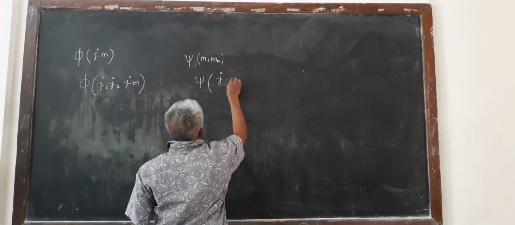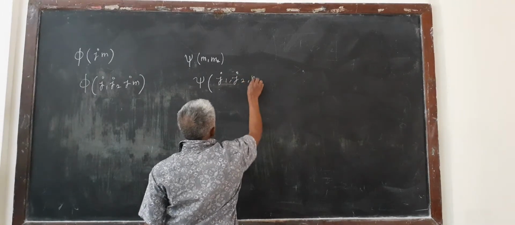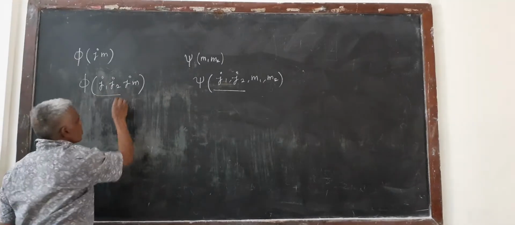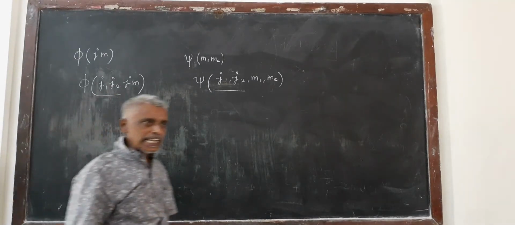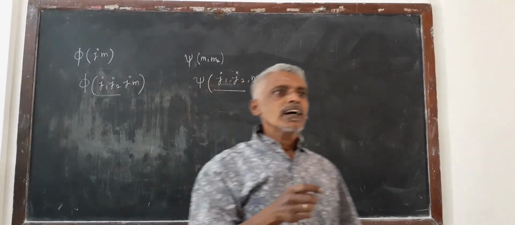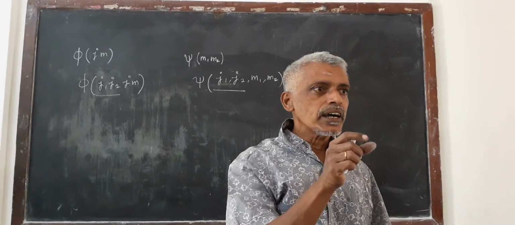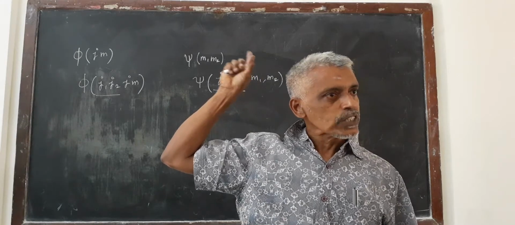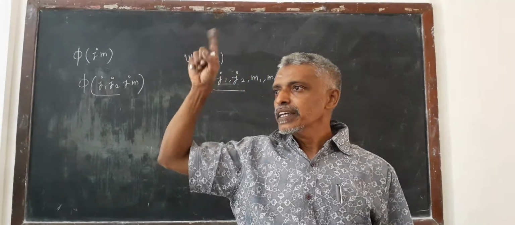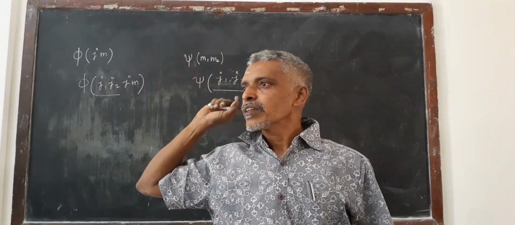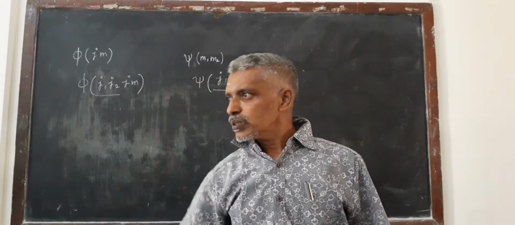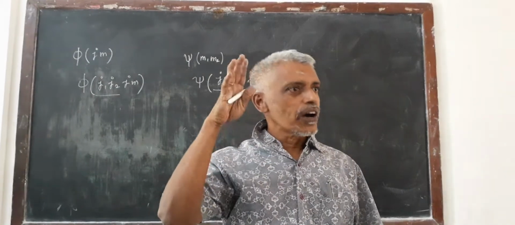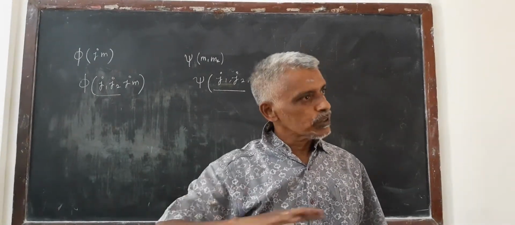Since j1, j2 and j1, j2 are common on both the sides, we can reduce the writing. The two wave functions are actually, to start with, phi j1 j2 j m and psi j1 j2 m1 m2. Every time we need not go on writing j1, j2, j1, j2 on both the sides.